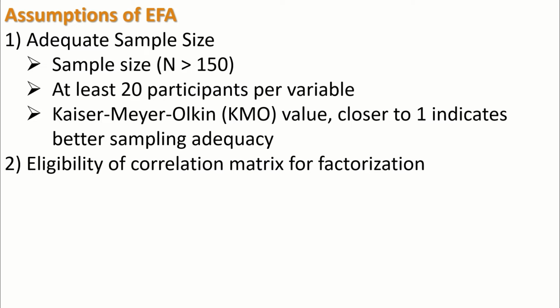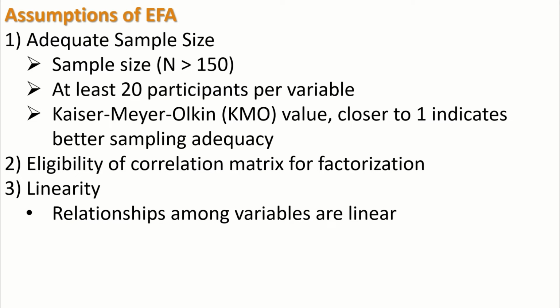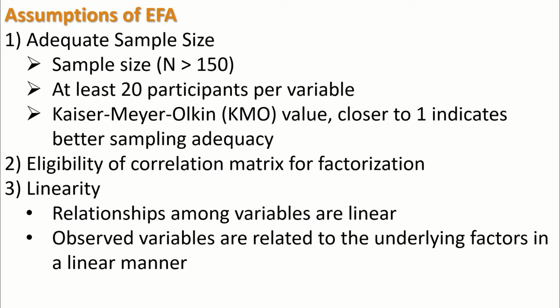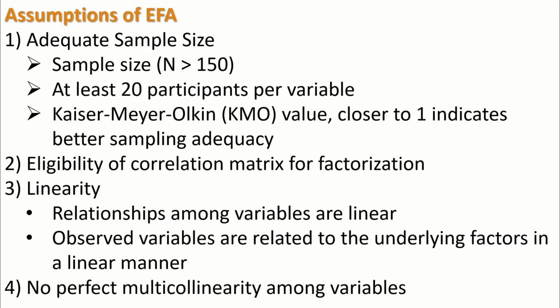The second assumption that has to be fulfilled is the eligibility of the correlation matrix for factorization. The third assumption is linearity. There should be a relationship among variables, and those relationships are linear. So observed variables are related to the underlying factor in a linear manner.